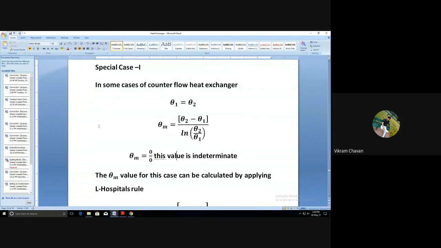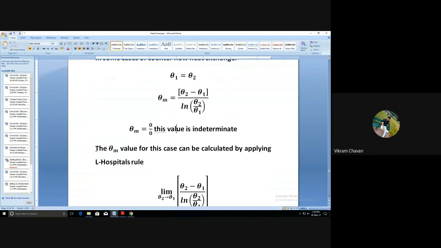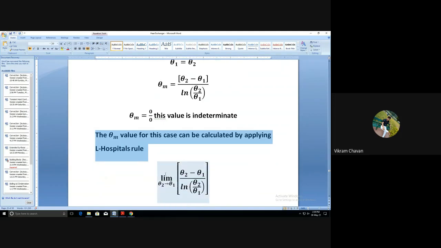Then in this case, the value of theta m can be calculated by applying L'Hospital rule.